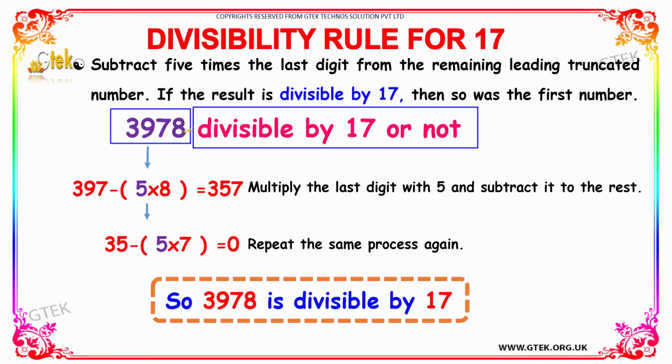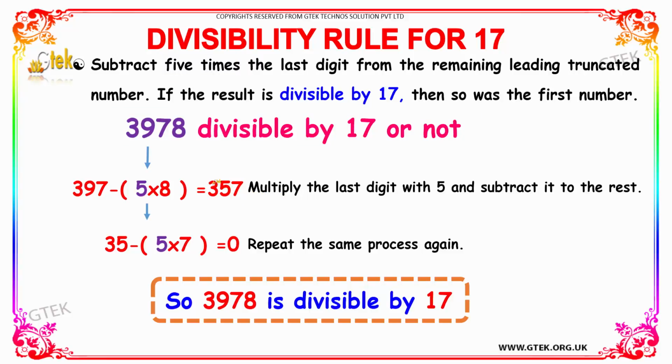Your last digit is 8. So 8 has to be multiplied with 5. That is 8 times 5, which is equal to 40. Subtracting 40 from the remaining truncated value, that is 397, you get 357. Now you have to find whether 357 is a multiple of 17 or not.